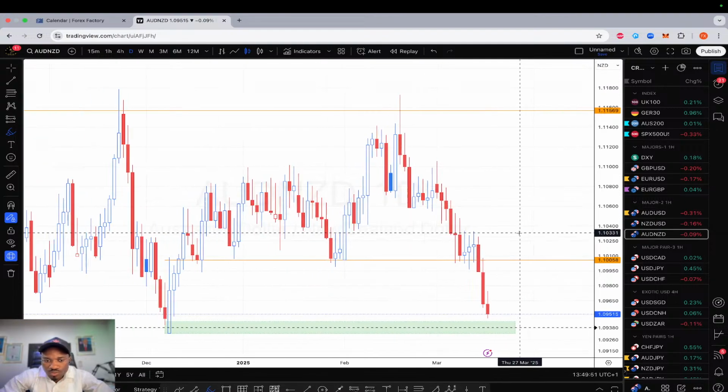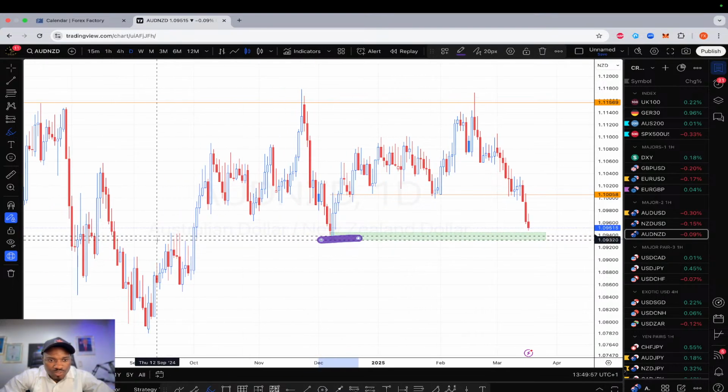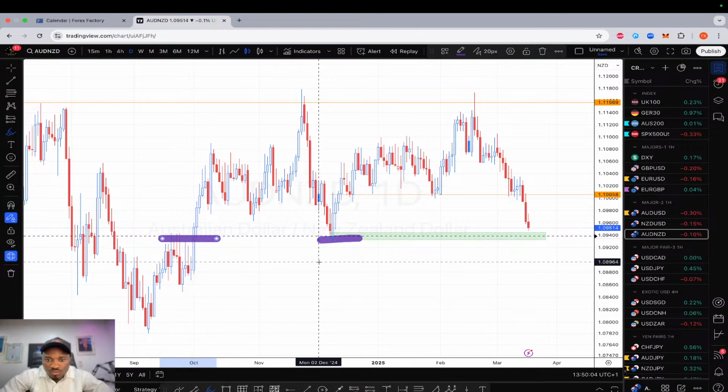And we check the AUD New Zealand. AUD New Zealand, we got a demand here, break of structure right from 1st of October 2024, retest of structure on the 9th of December 2024, and possible tests on maybe this week. Possible test this week is approaching.